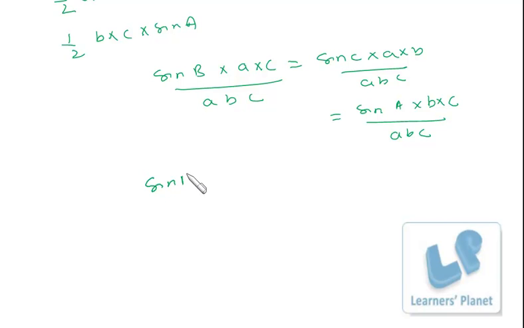That means sine B by B is equal to sine A by A is equal to sine C by C. So that is known as the sine formula.